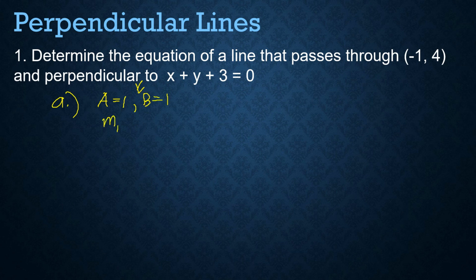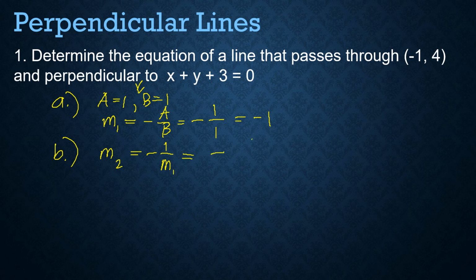So the slope of the first line using the formula, substitute, that is negative 1. Now getting the slope of the second line, it is equal to 1 over negative 1 over m sub 1. So substitute. Negative will give us positive. Then the slope of the second line must be 1.